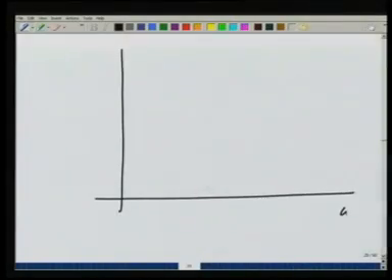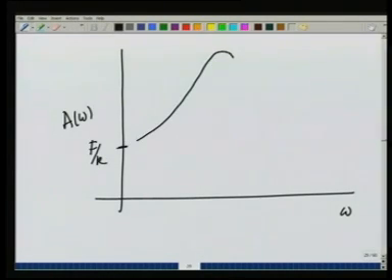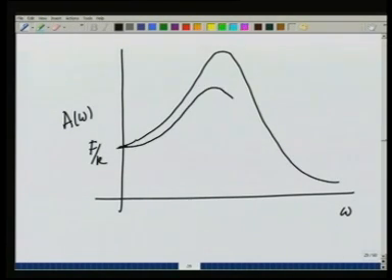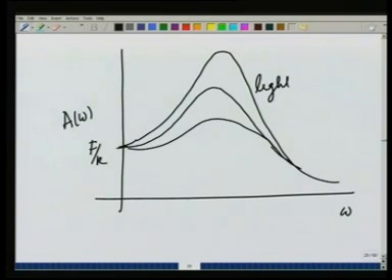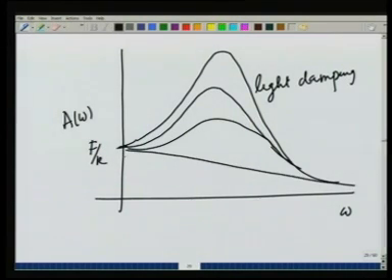So, in general, if I combine the two, light damping and heavy damping, and plot the amplitude of oscillations with respect to frequency, the curve looks like this. This is light damping, and there is no maximum for heavy damping, the curve just goes like this.